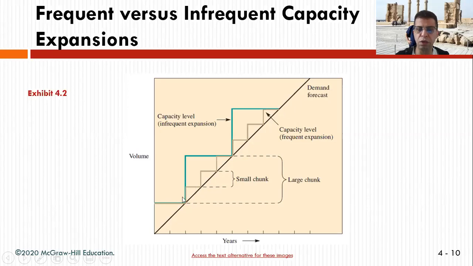You need machinery to be set up that produces a little bit higher than the demand. The smaller the chunk is, the more efficient; the larger the chunk is, the less efficient. And here is where you put more pressure on capacity sharing and capacity outsourcing. So it's a good example to look at these turbines that provide electricity.